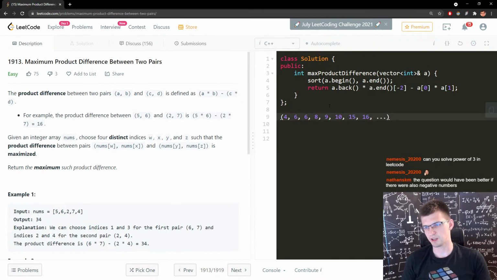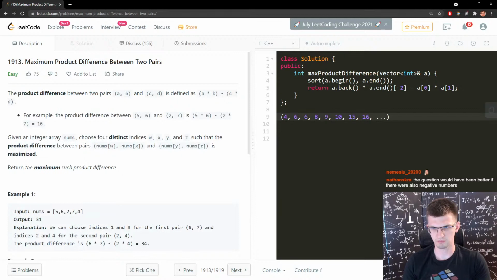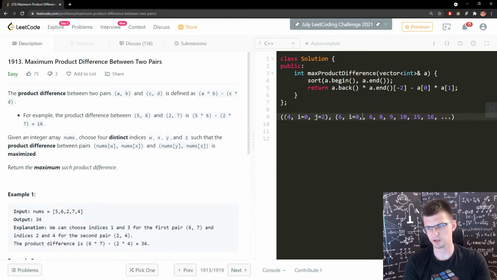Now it will be nice to take two consecutive ones here, like perfectly 6 minus 6, unless they use the same numbers. So not only I need to know the values, but also from where they come. I guess indices. So this is 4, and it comes from index 0 with index 2. This is 6 with index 0 and index 5. Then I cannot take those two.